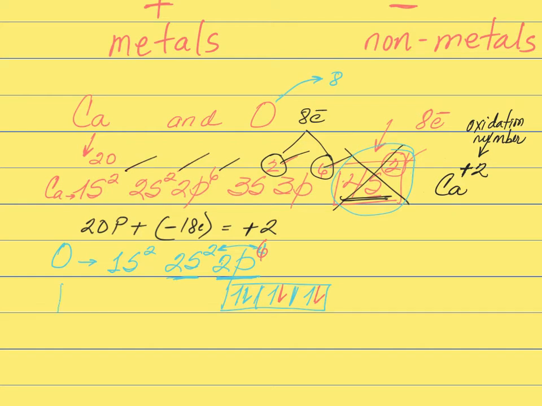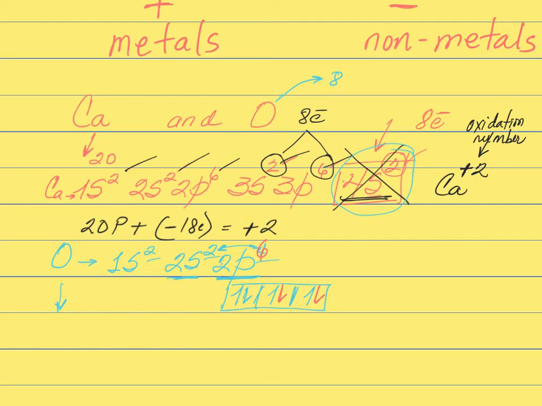Now the oxygen atom has 6 electrons. But when you add the 2 electrons from the calcium, 4 plus 6... okay, let me see, what is the atomic number? No, it's 8. The atomic number of oxygen is 8.